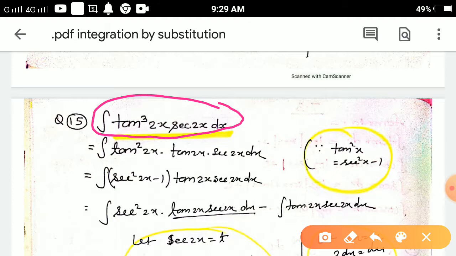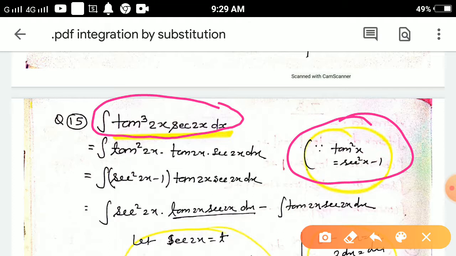We know that tan square x is equal to sec square x minus 1. Now using this formula, we write here tan square 2x as sec square 2x minus 1, then tan 2x and sec 2x.